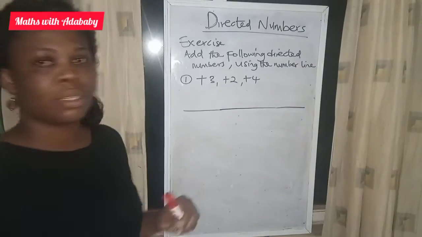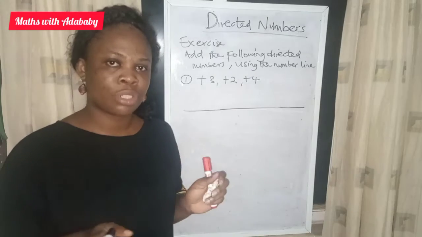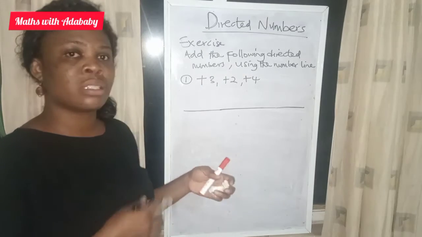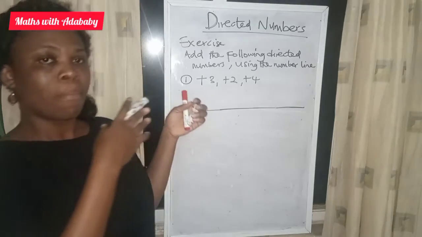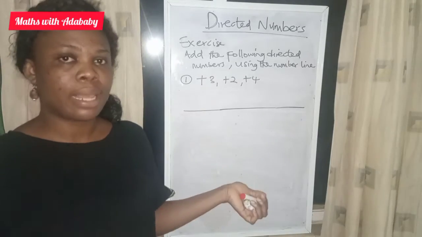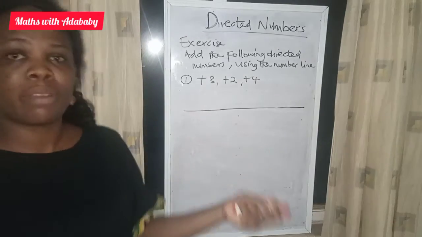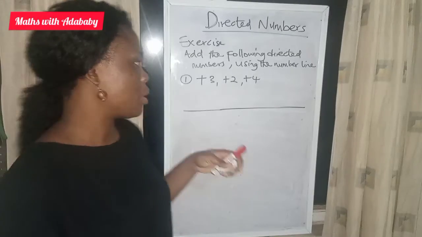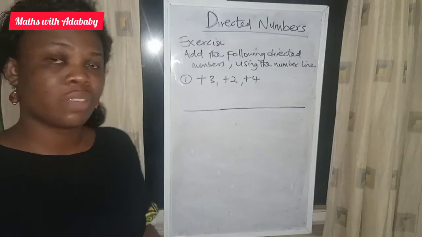All the numbers are in the positive direction, so we don't have to represent 0 and minus in our number line because we don't have any number referring us to the negative direction. So we're going to focus on just the positive direction.